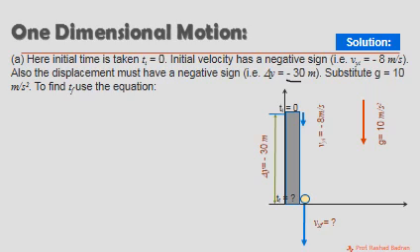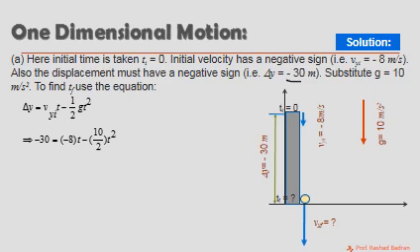From this information, we need to use the equation delta y equals the product of initial velocity and time minus half g t squared. We substitute delta y as minus 30, because the ball is going down, so the displacement is negative. And we put minus 8 for the initial velocity as the ball is going down.